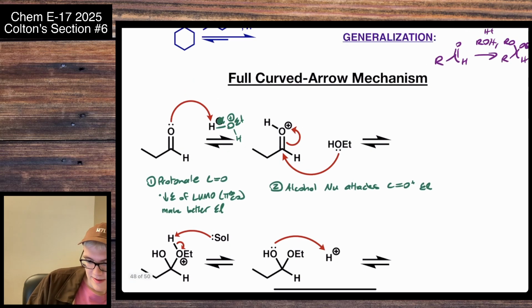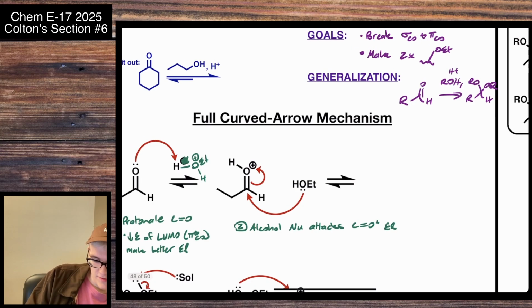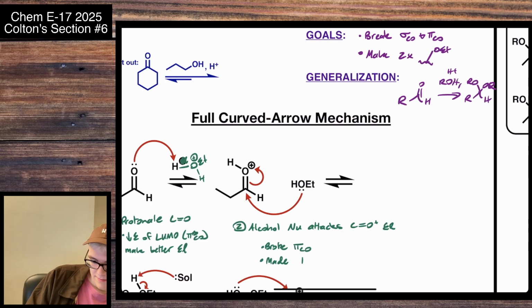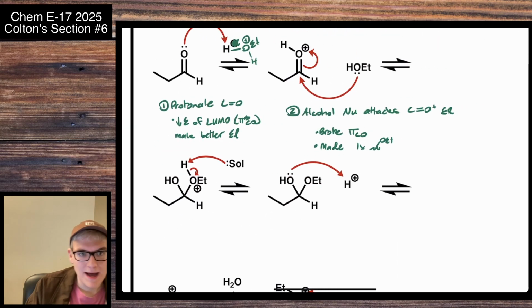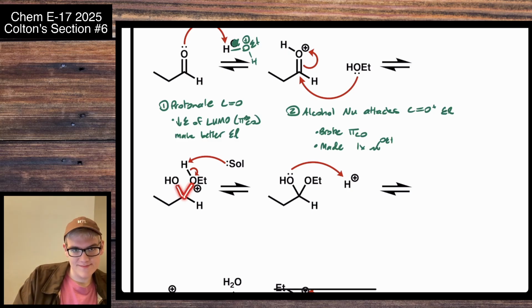When we are doing this, this step accomplishes a couple of our goals. We broke the pi CO and we made one of our OEt bonds onto that central carbon. Once we attack and break our pi, then we have a tetrahedral intermediate, the apartment with 4 roommates.